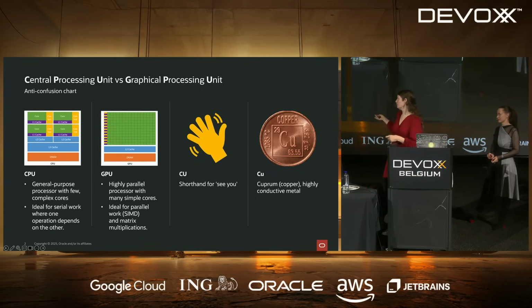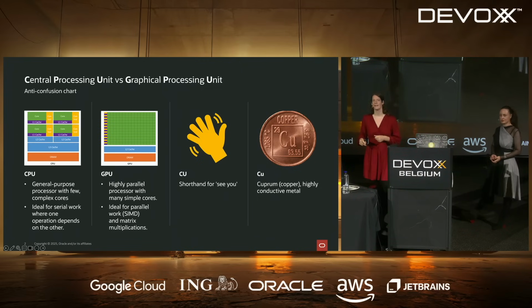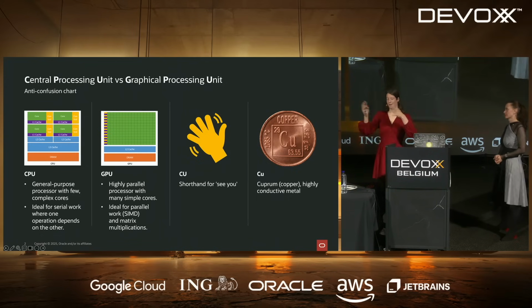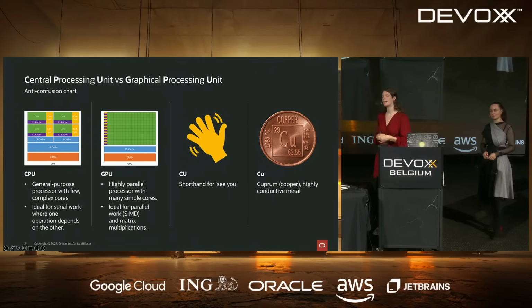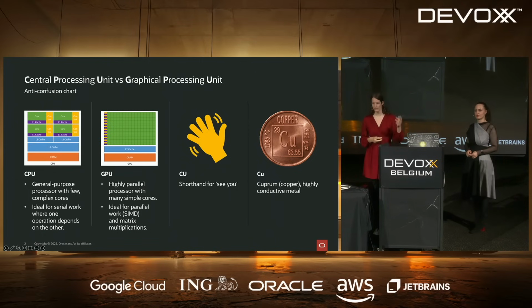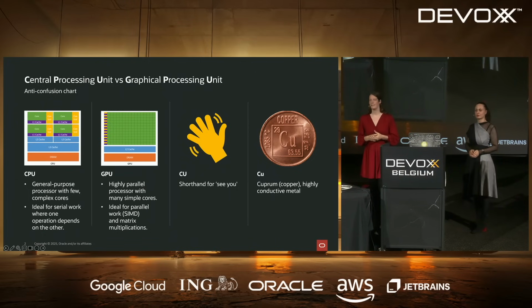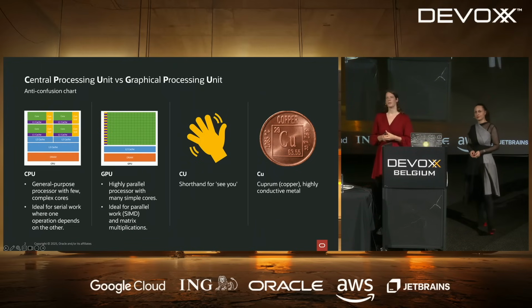Now GPU, graphical processing unit, that's something very different. That has many very simple cores that can do many things in parallel. And they're typically used for SIMD operations, single instruction, multiple data.